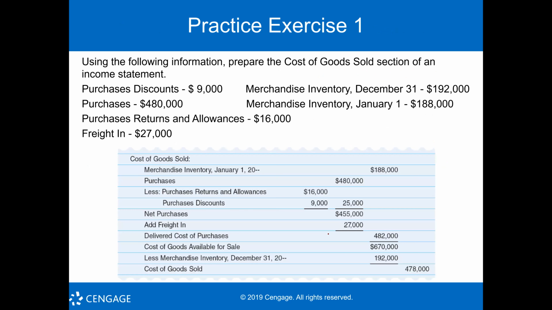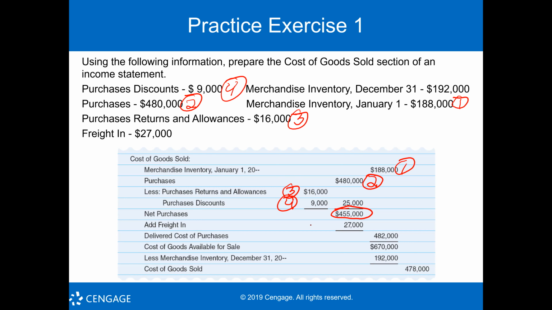Okay, so looking at this example, it says use the following information, prepare the cost of goods sold section of an income statement. So again, we'd list the beginning merchandise inventory first, right? This is our first number that we have up here. And then we need our total purchases. That's our second number that we have here. Then we're going to subtract purchase returns and allowances. We're going to subtract purchase discounts. So that's number 3, number 4 here, right? That gets us to net purchases.